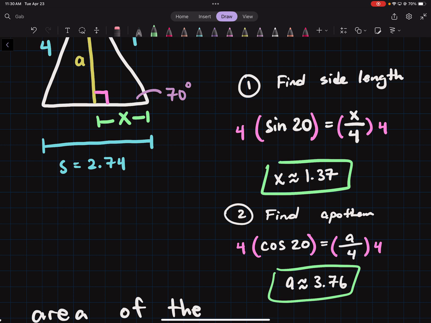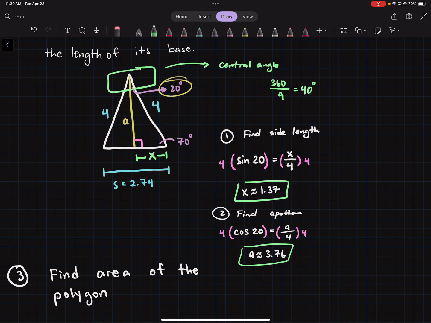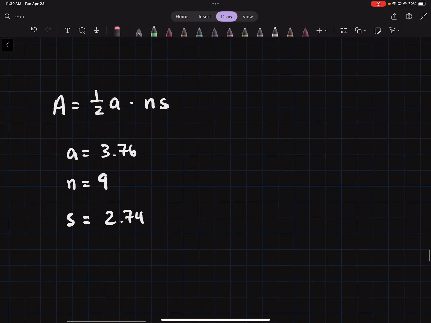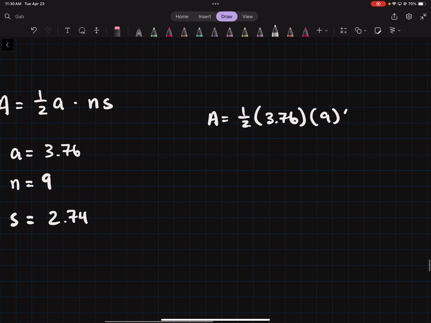Okay, now you plug everything in. Times 9 times 2.74. And then multiply. You should get like 46.36. There were no units, so it's just units squared.